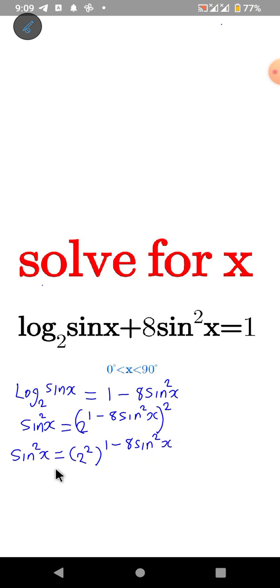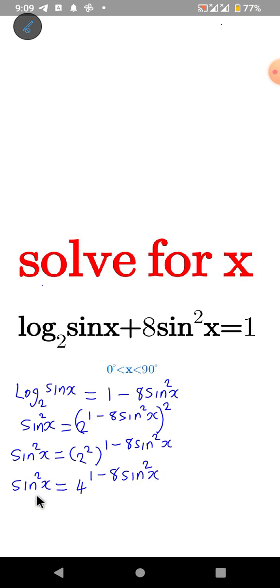Then sine square x is equal to 4 raised to the power of 1 minus 8 sine square x.